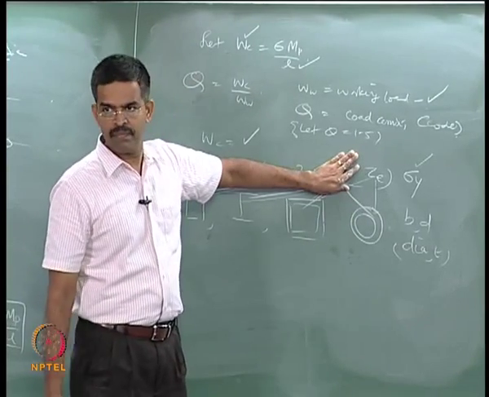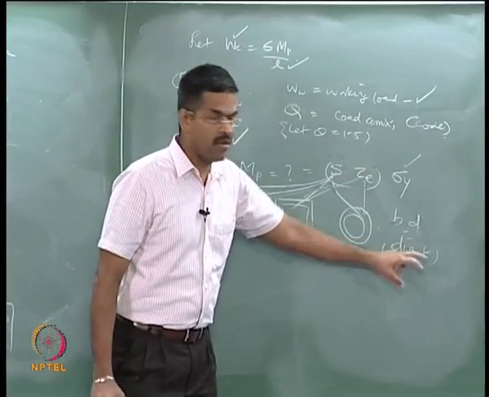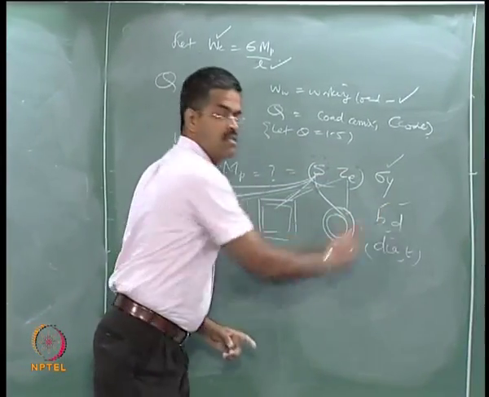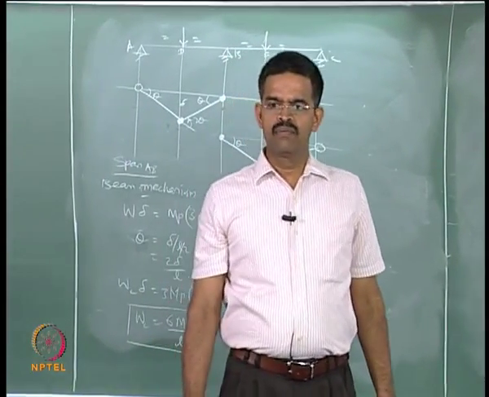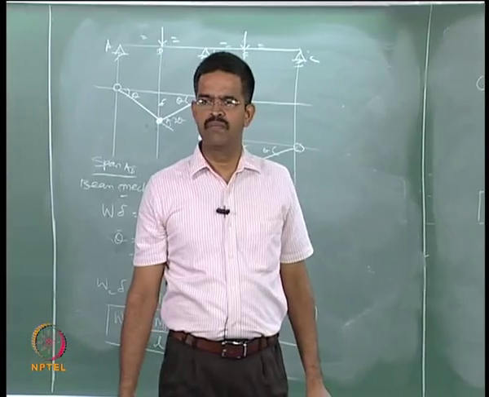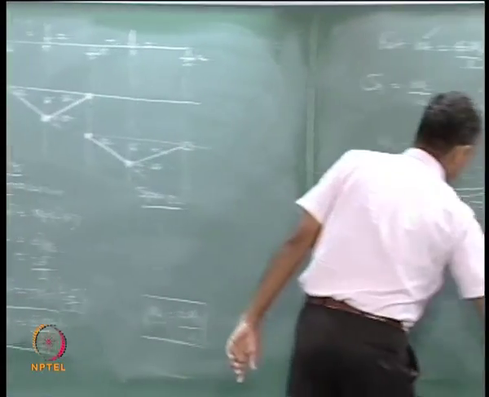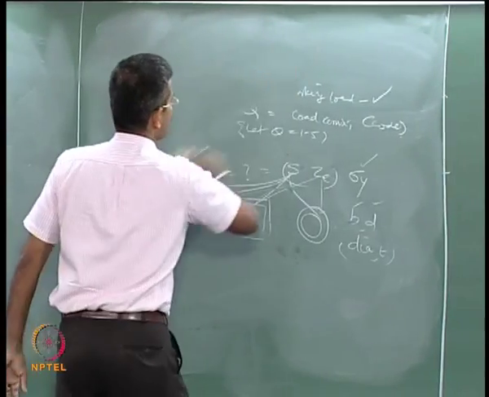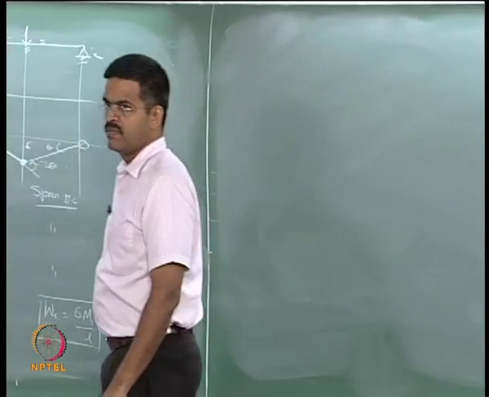S is the number for a given section, ZE is a parameter of B and D etc., you will find B and D, that is design. Okay, that is plastic design. It is as simple as this, is it not? We will take up another example.